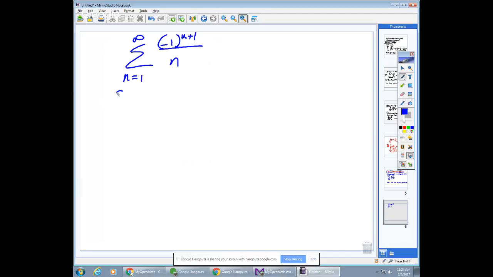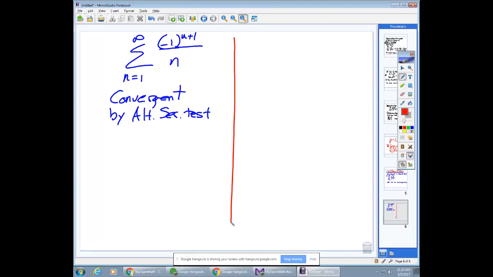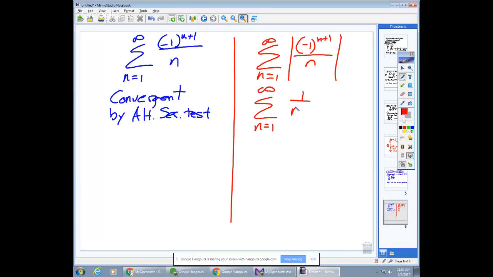We determined that this was convergent by the alternating series test. On the other hand, if I strip the signs, then I end up with the harmonic series, which is divergent.